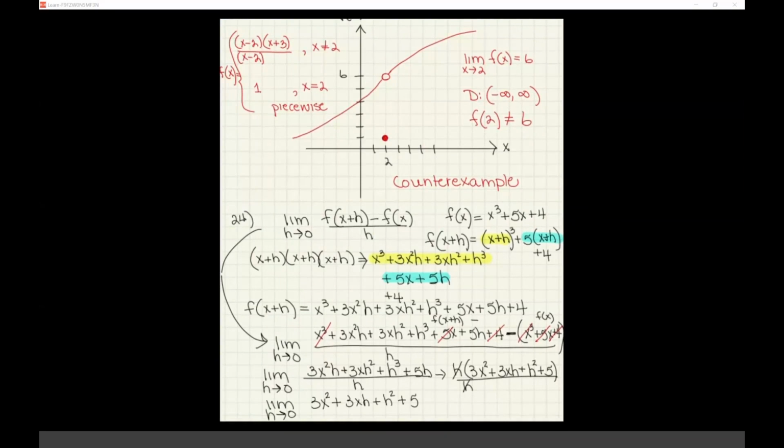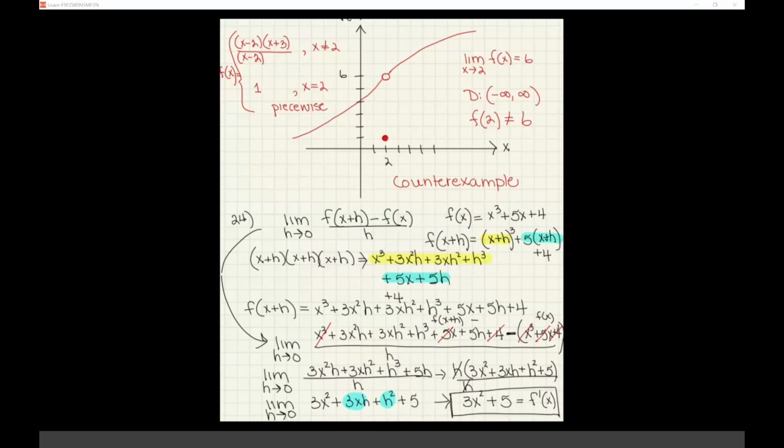Now if you just plug in h equals 0, this term's going to go away, and so is that one, because they have h's in them. And you're going to be left with 3x squared plus 5. This is f prime of x. It's your derivative function.